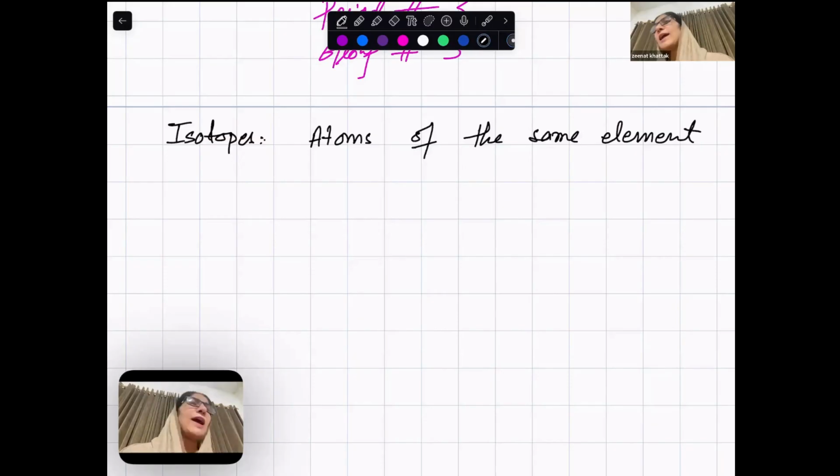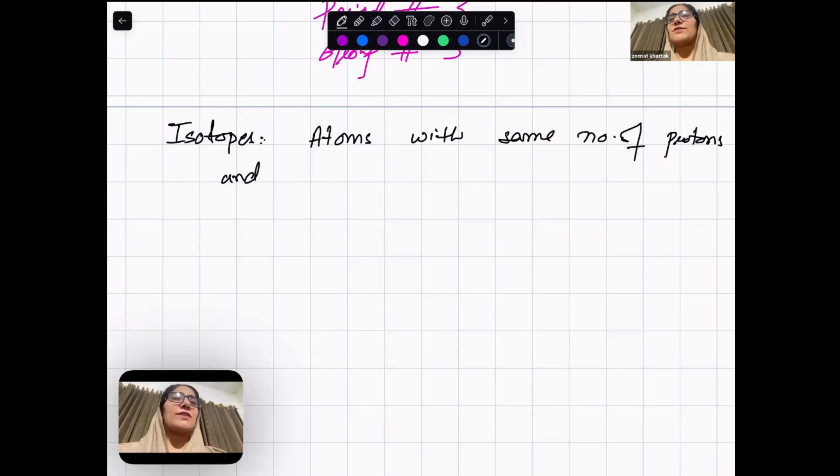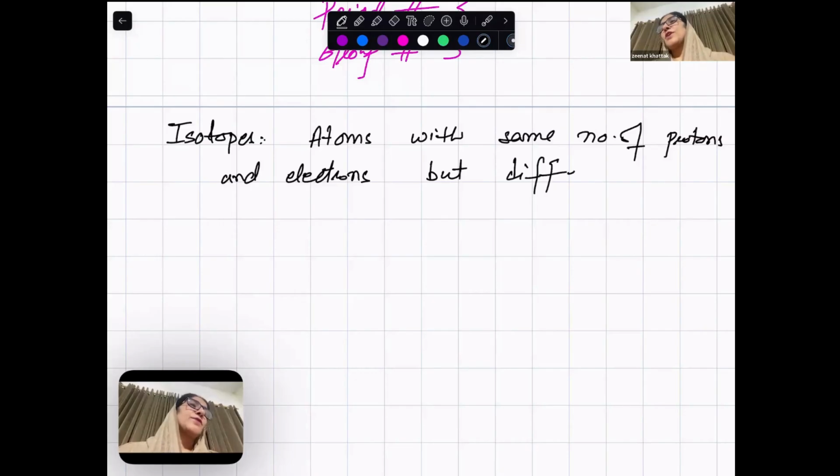Atoms with the same number of protons and electrons, but a different number of neutrons.